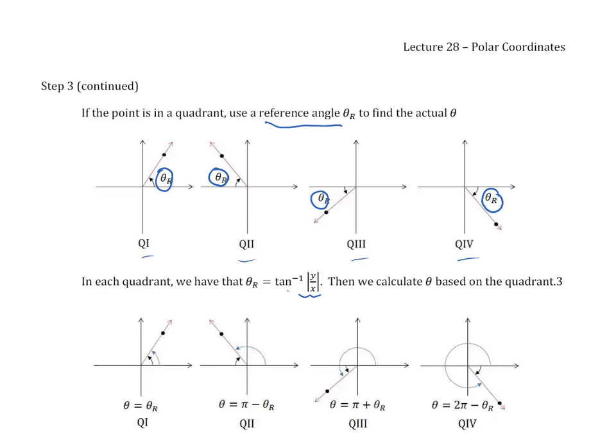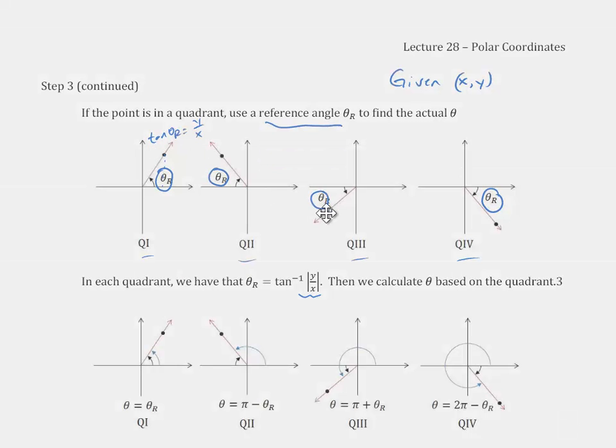If you take the tangent inverse of y over x, remember you're given x comma y. So this is the easiest example here: tangent of theta sub r is y over x. And if you move to another quadrant, the value of y or x may be negative or positive.